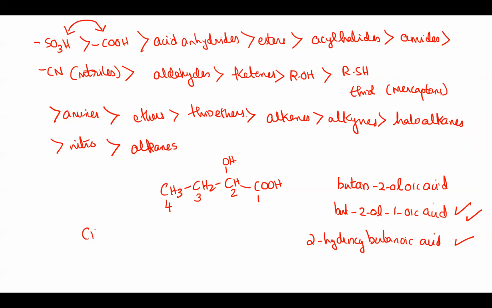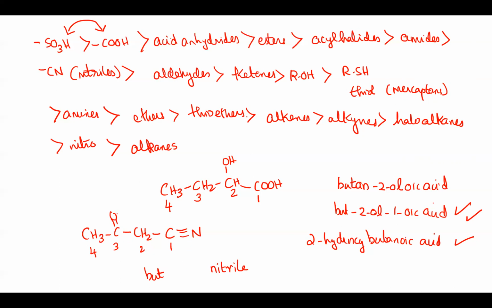Another example we are going to see is CH3, C double bond O, CH2, C triple bond N. This is cyanide. Let us see how to name the compound. The compound numbering is 1, 2, 3, 4. Again, it's but. The compound should end as a nitrile, because the cyanide IUPAC name is nitrile.